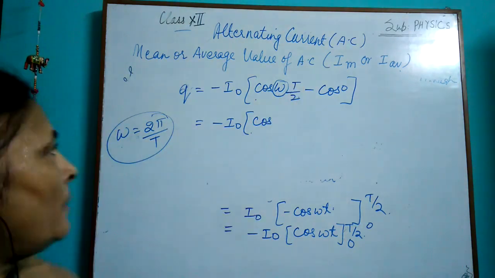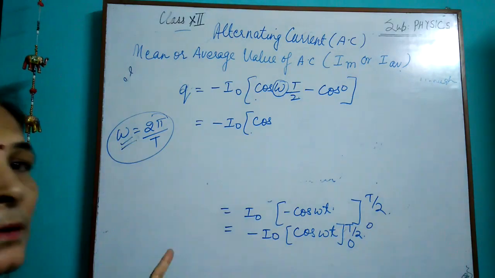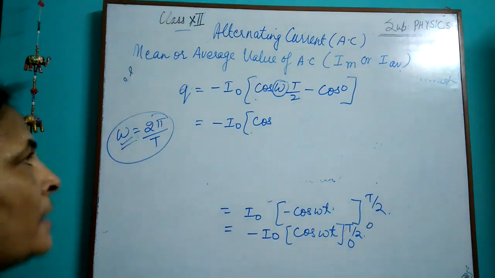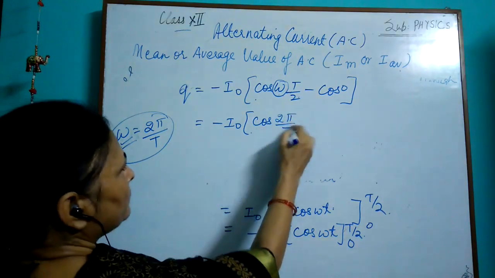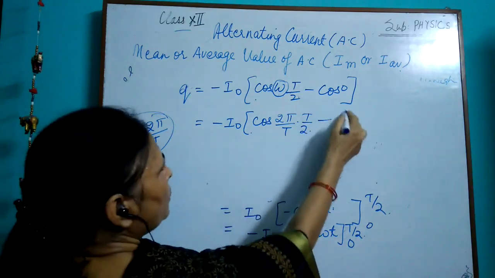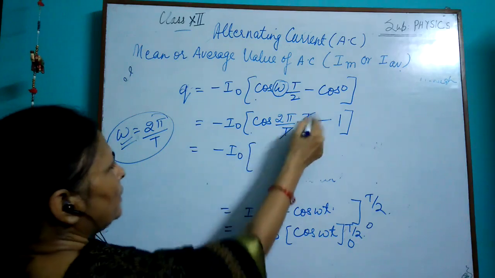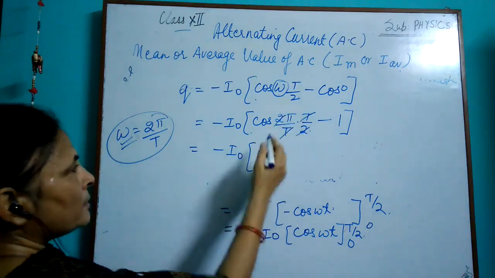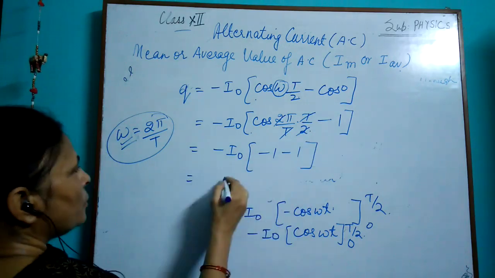If there were no capital T in this term, I would keep it as omega, because that will be treated as another constant. So it will be 2 pi by T into T by 2. Cos 0 will give me 1. Minus I naught, T and T will cancel out, 2 and 2 will cancel out. Cos pi will give me minus 1, minus 1. This is going to give me 2 I naught.